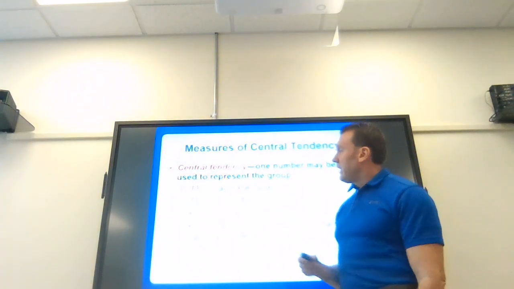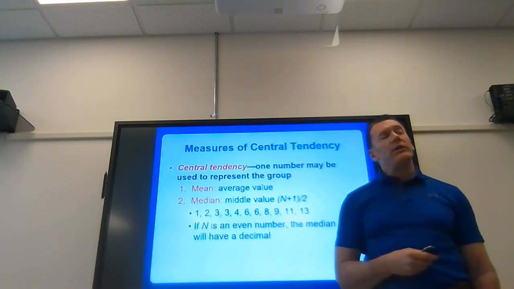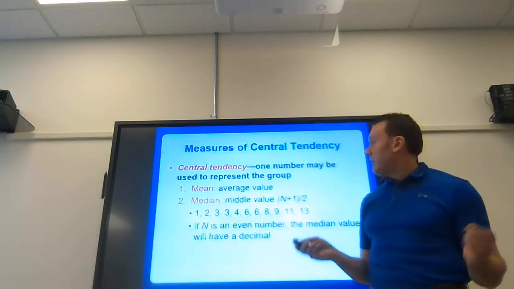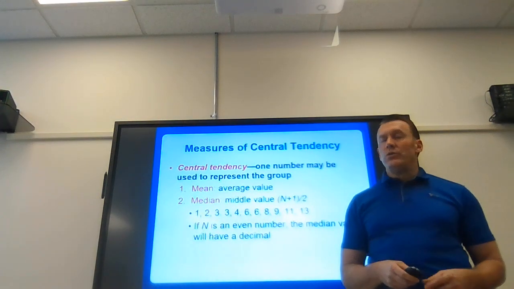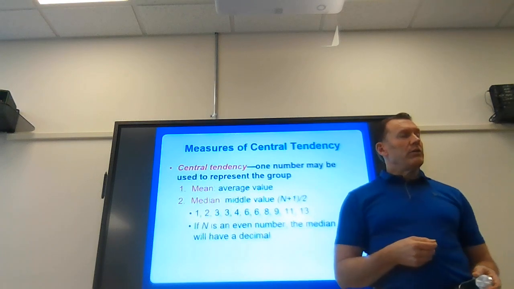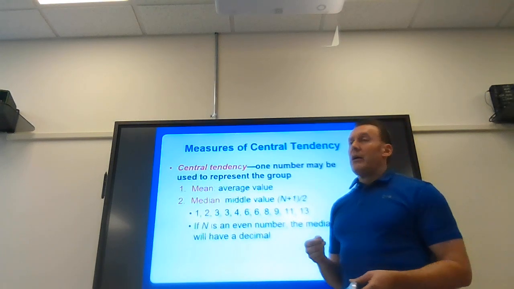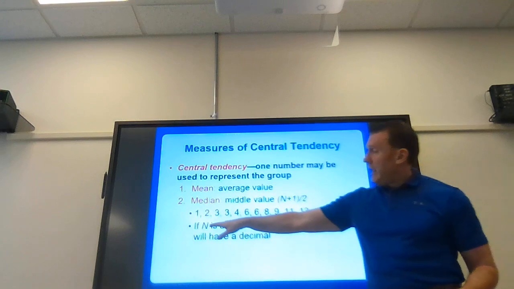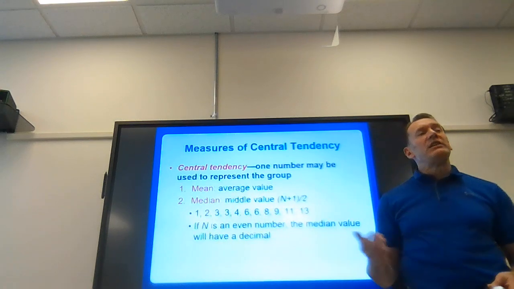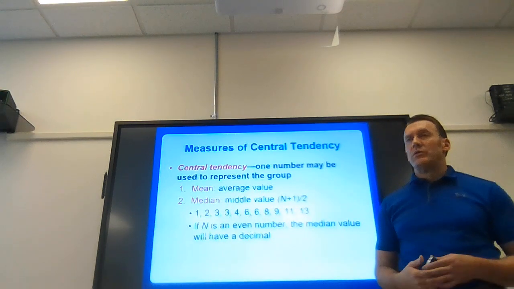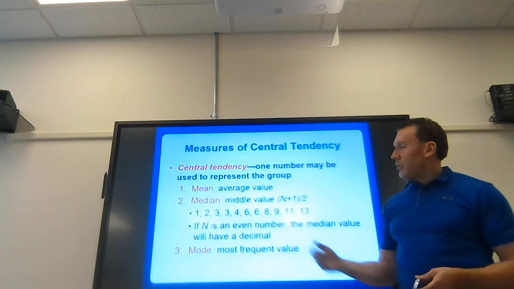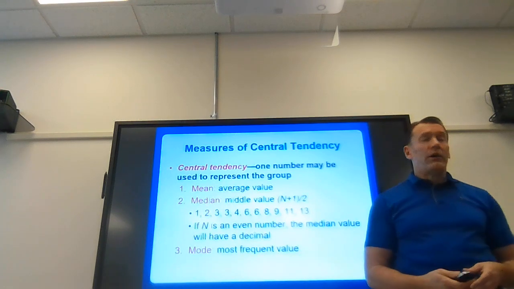The median, which is literally the middle value. You count up the values that you have, add 1, and divide by 2, and you get the middle value. If your n, or the number of people, is an even number, the median will be a decimal. Then the mode, which is the most frequent value.